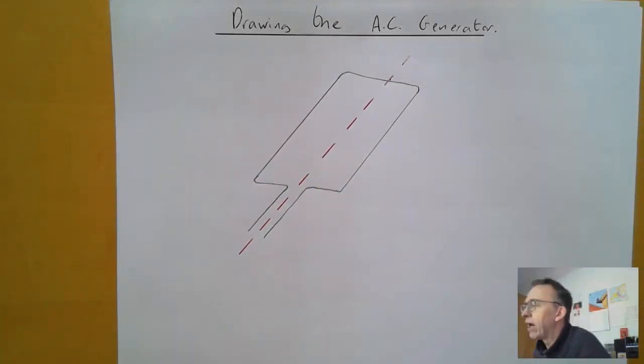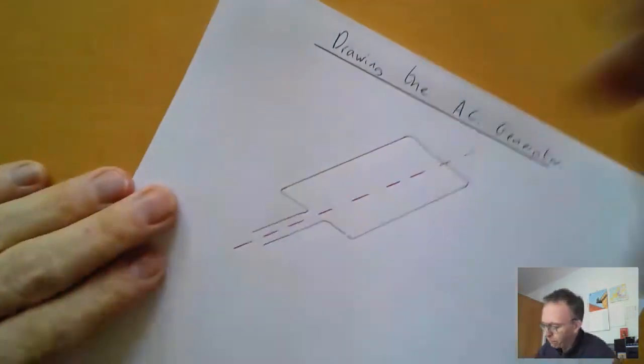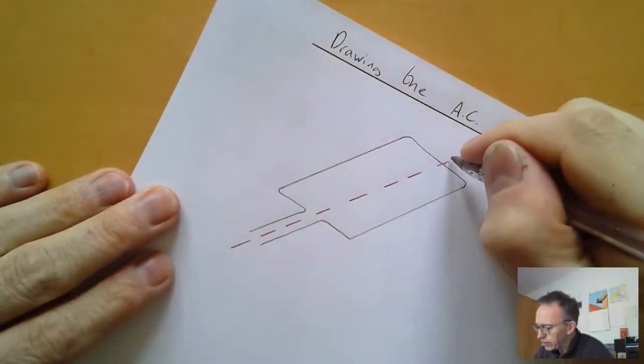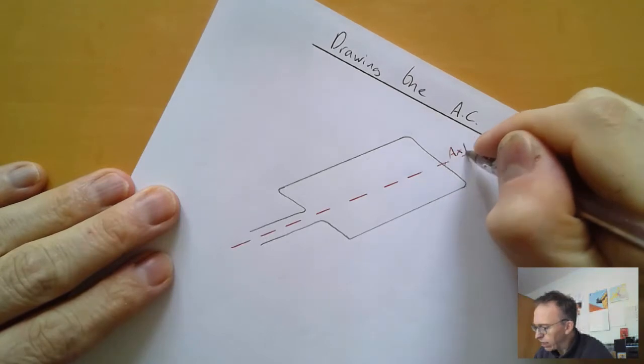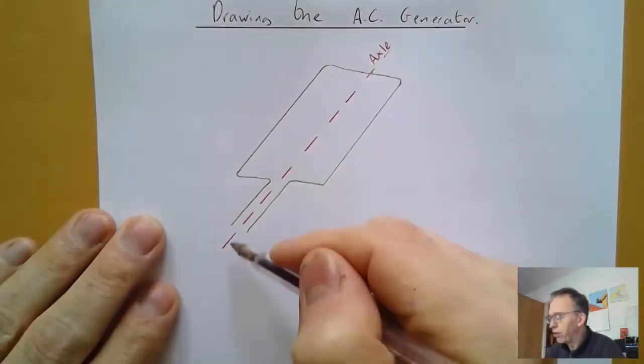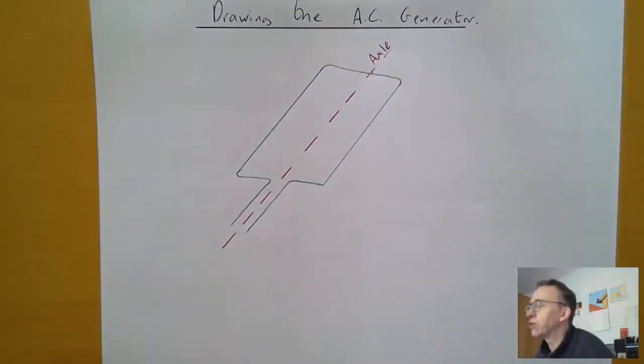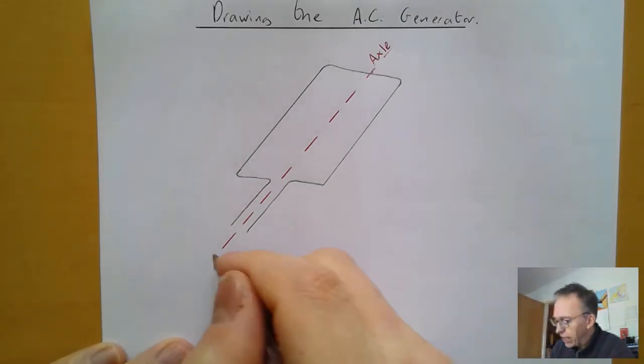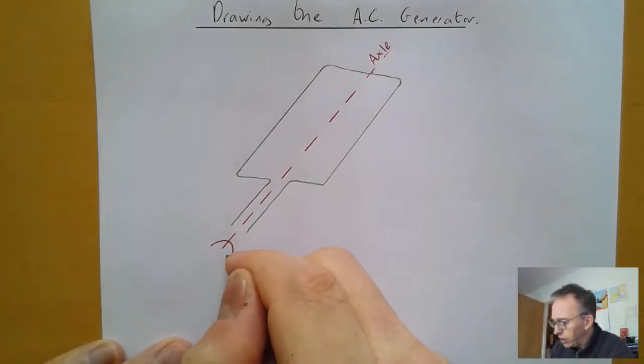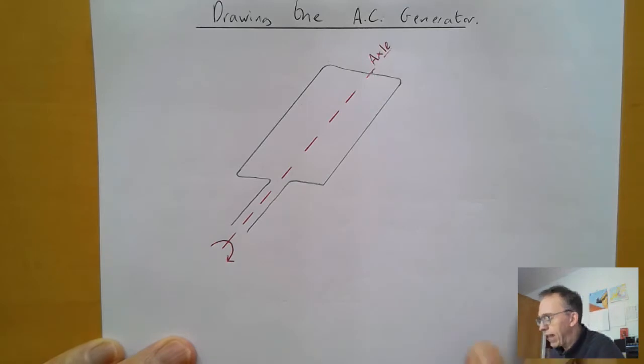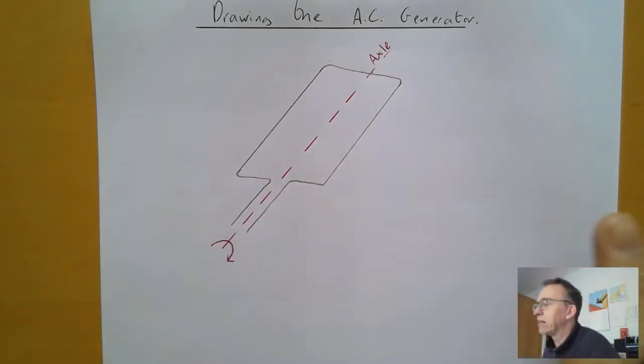Now, so this is the axis, or actually it would have to be the axle, because the coil would have to be mounted on an axle which allows it to turn, and we have some external force which causes it to rotate, like so.